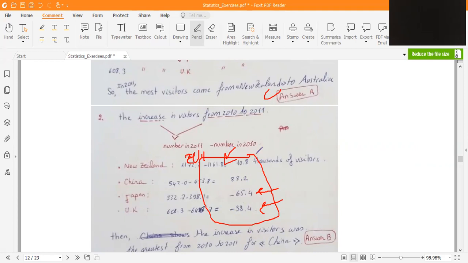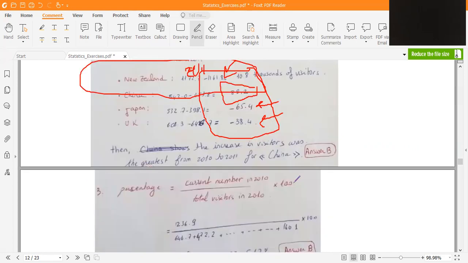But from New Zealand and China, we have an increase in visitors from 2010 to 2011. So we will choose China as the country with the greatest increase in visitors from 2010 to 2011.